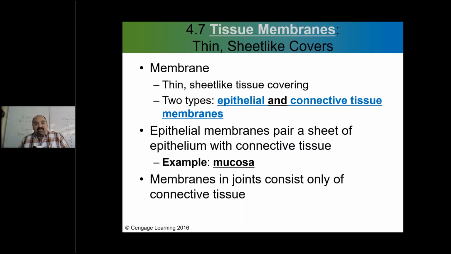So thin sheet-like covers, these membranes, okay? So membrane: epithelial, the tightly packed cells, or connective tissue, the cells in a loosely based matrix there. They're not tightly packed cells like the epithelial. When you see this term here, mucosa, think mucous membranes.